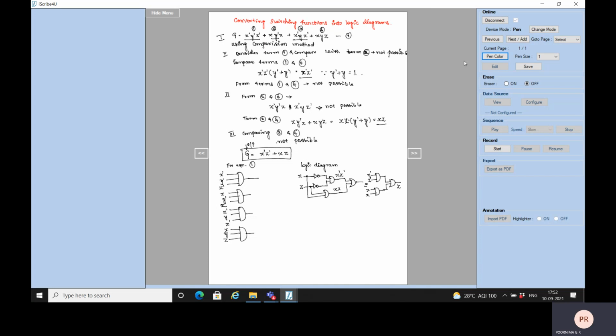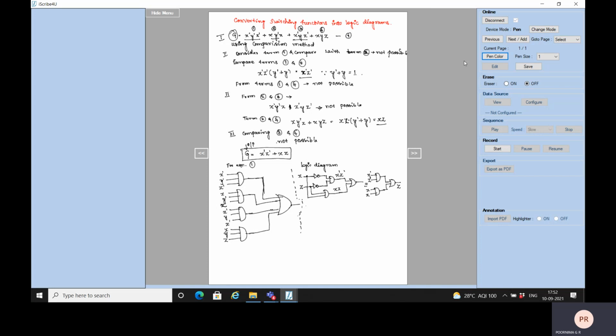Final output G, because G is a function whose output is the result of all the four terms ORing. So hence we will be going for all the four terms ORing. So hence your output expression G will be equal to the OR of all the four terms.